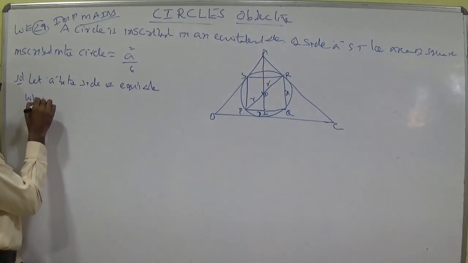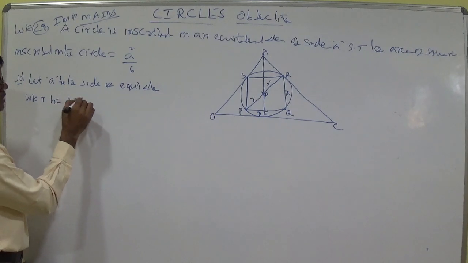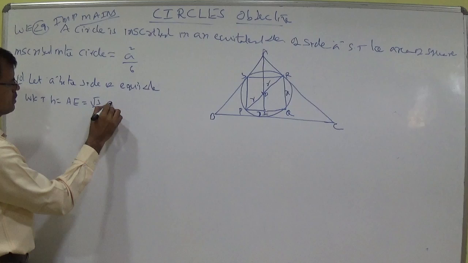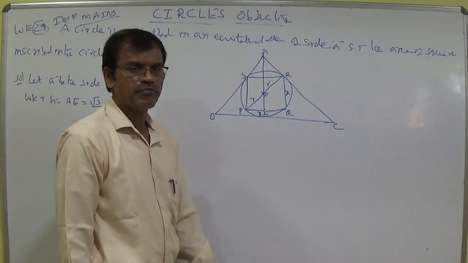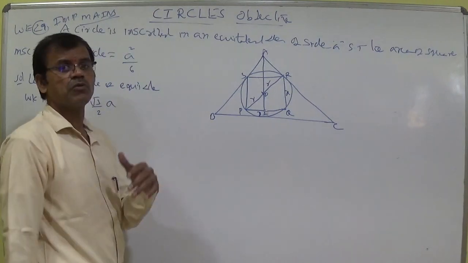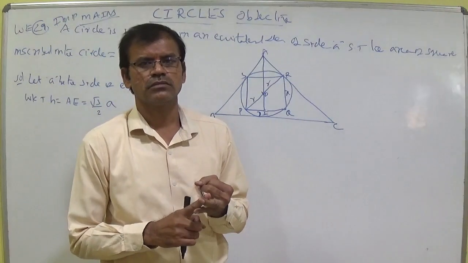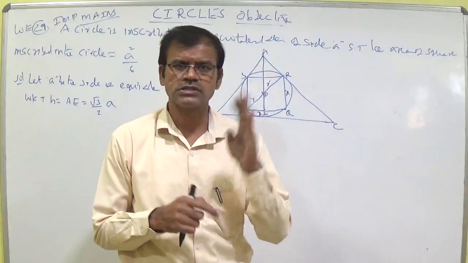We know that H, that is AE, for an equilateral triangle, the H formula is √3 by 2 into A. And for an equilateral triangle, the circumcenter, orthocenter, incenter and centroid are the same.